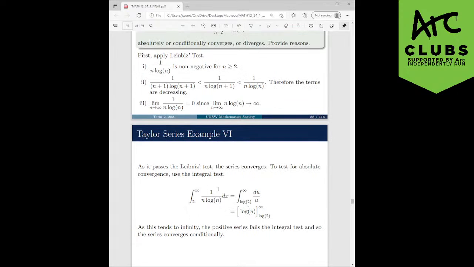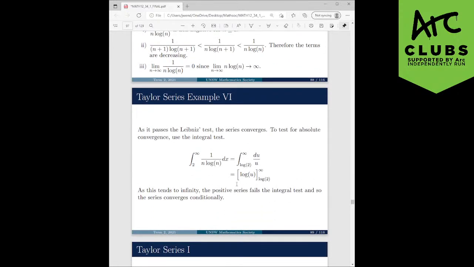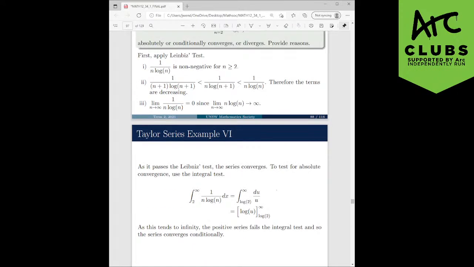When we integrate from 2 to infinity of 1 over n log n, it's the same evaluation as before: you substitute u equals log n. This evaluates to infinity, which of course means it doesn't converge since it doesn't approach a finite number, and it fails the integral test. So it only converges conditionally. It doesn't converge absolutely because the positive version of the sequence fails. And yeah, there's a difference between conditional and absolute convergence.